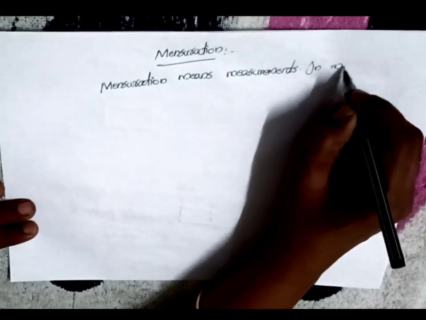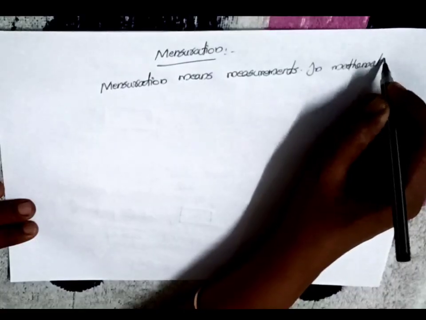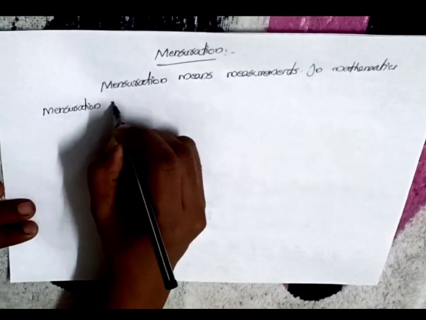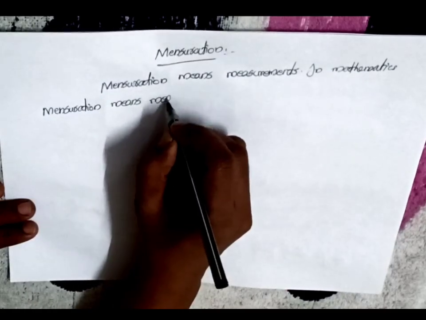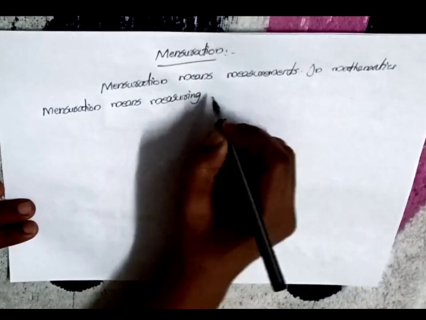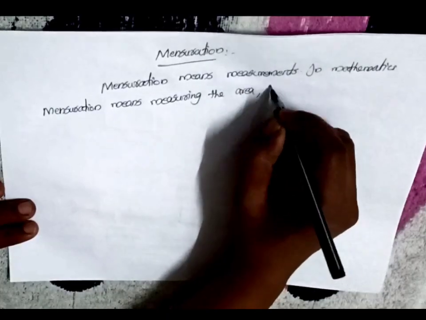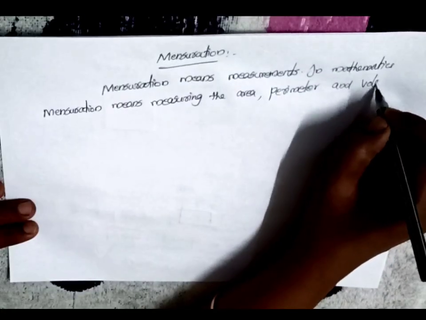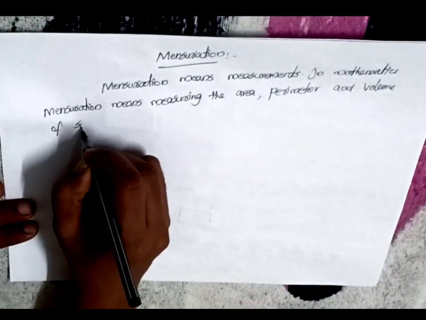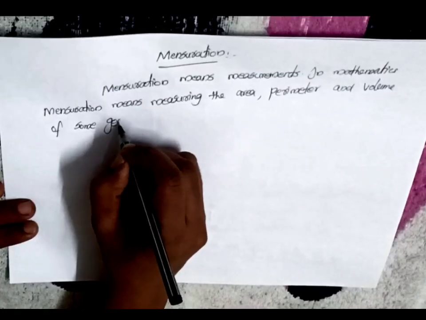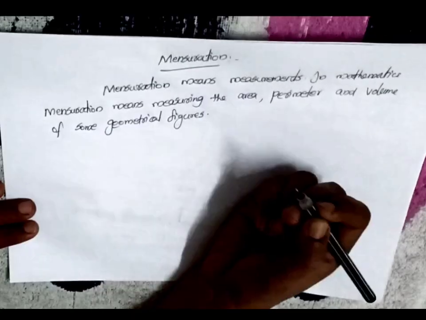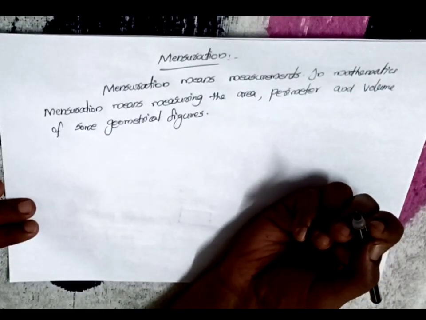In mathematics, mensuration means measuring the area, perimeter, and volume of some geometrical figures. That means here we have to define the area and perimeter and volume of some geometrical figures.